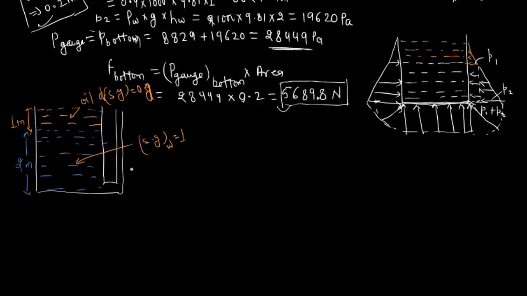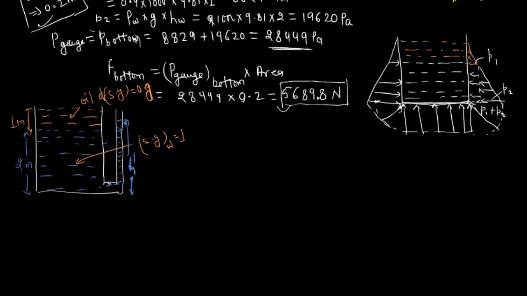And now in this case we want to calculate what is the height rise of water in this tube, because this fluid is on the downside, because this is heavier and the oil is the lighter one. So this water will rise in this tube, and we want to calculate what height it will gain in this tube. Let us suppose this is h dash, the height of water in this tube.